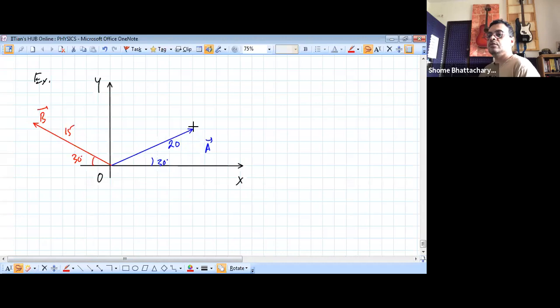So we have to find out A cross B. Find out the value of A cross B. Work this out quickly.